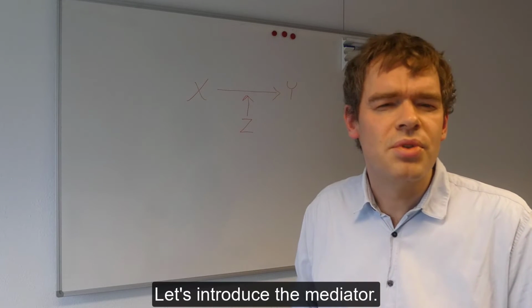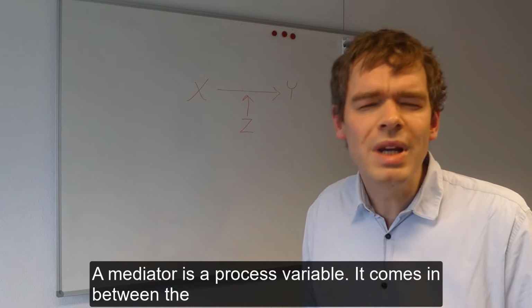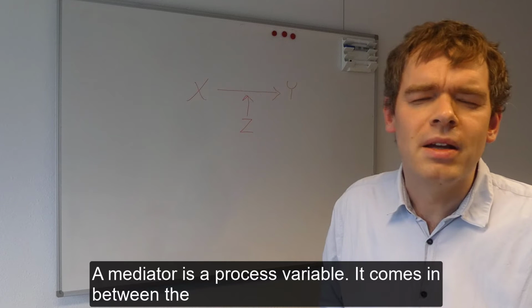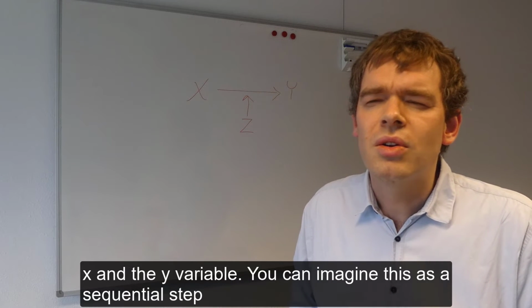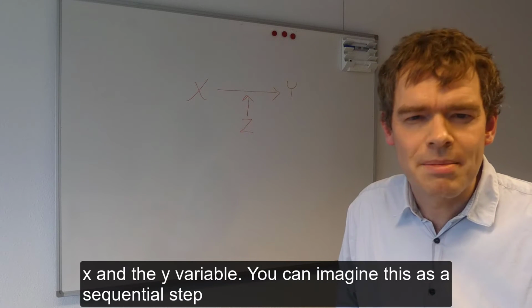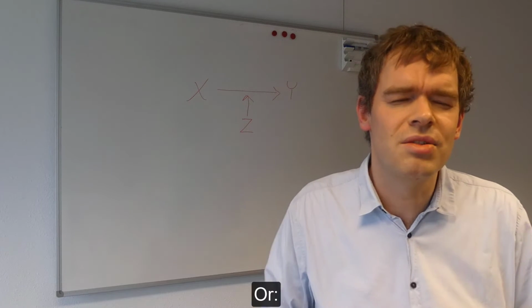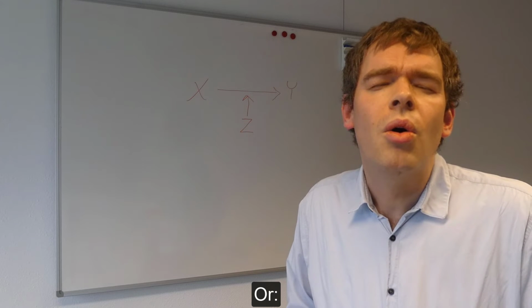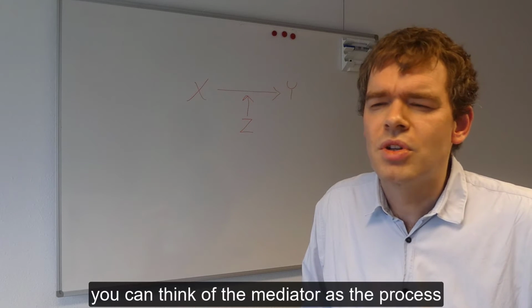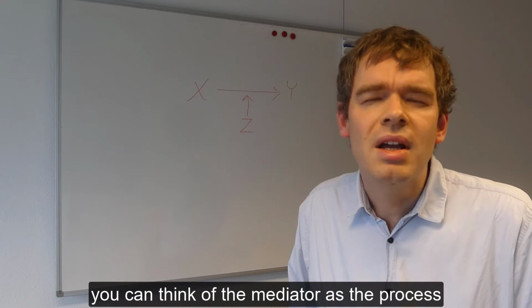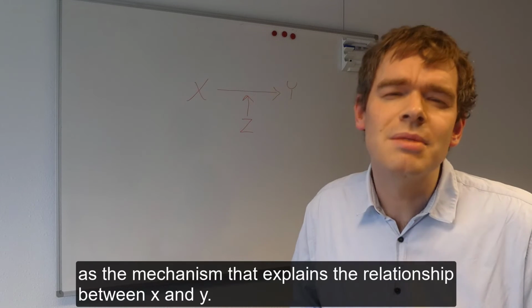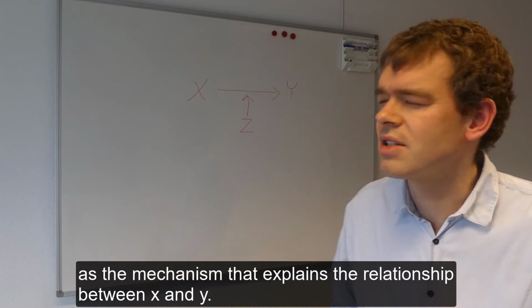A mediator is a process variable. It comes in between the x and the y variable. You can imagine this as a sequential step where first x happens, that leads to m, and that leads to y. Or you can think of the mediator as the process, the mechanism that explains the relationship between x and y.